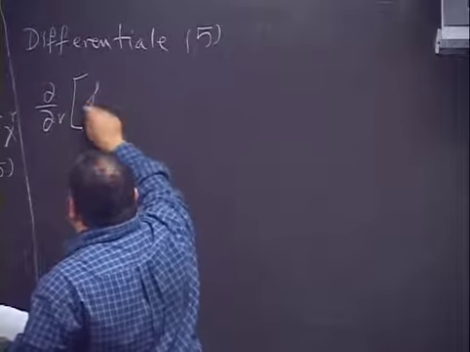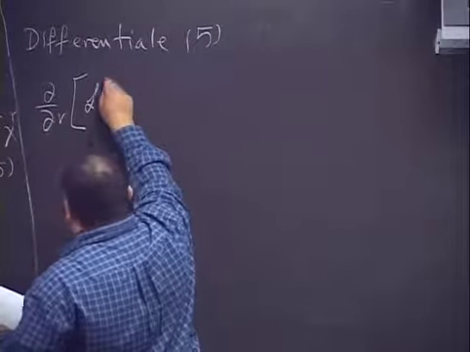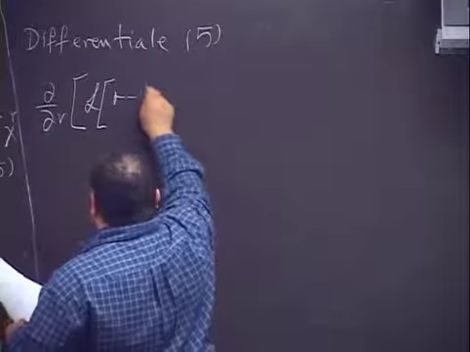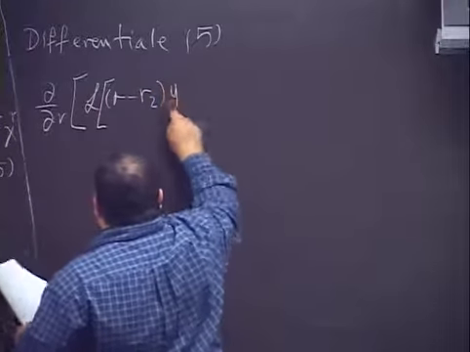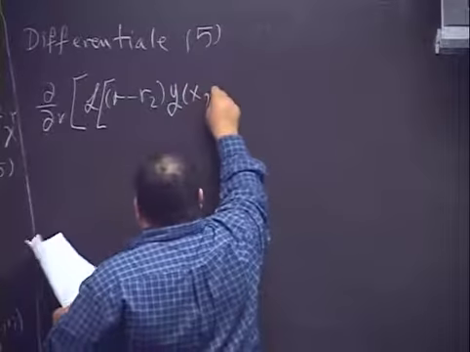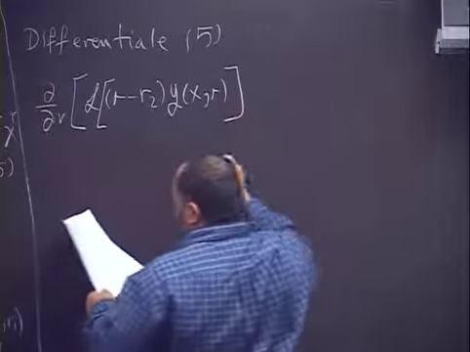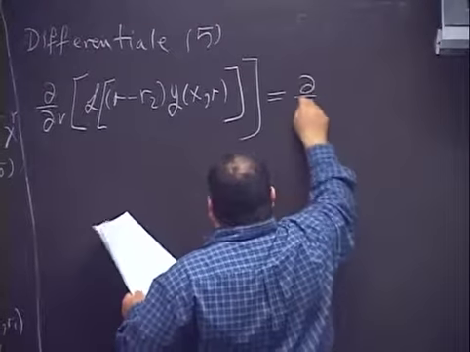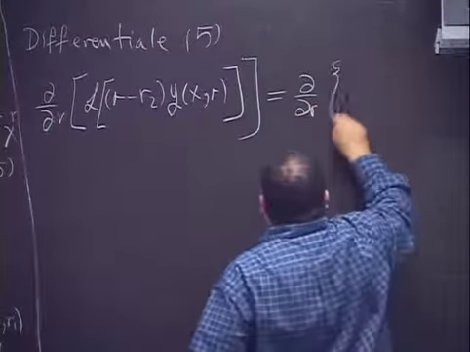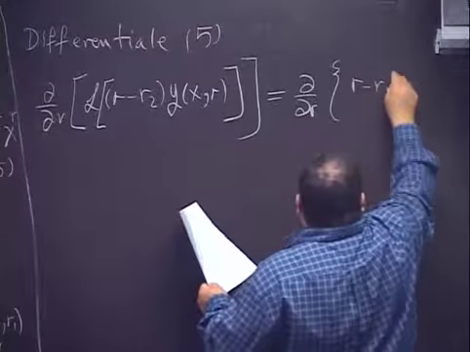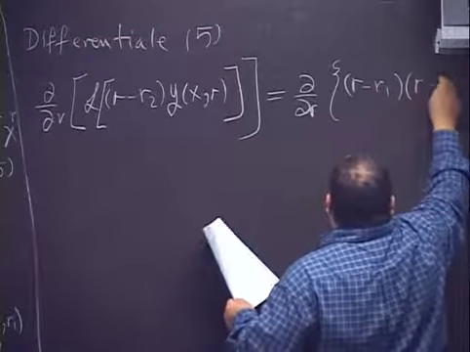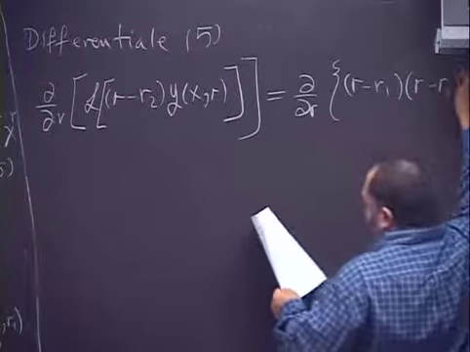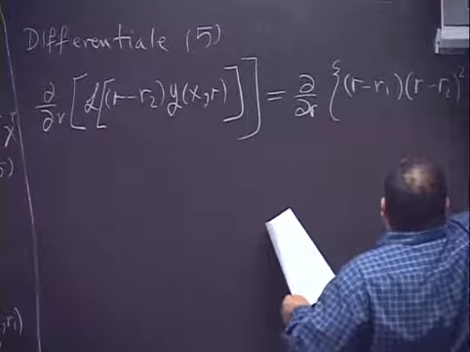This will give us d by dr for L of r minus r2 multiplied by y of x and r, and this will give d by dr of r minus r1 multiplied by r minus r2 all square multiplied by x to the power of r.